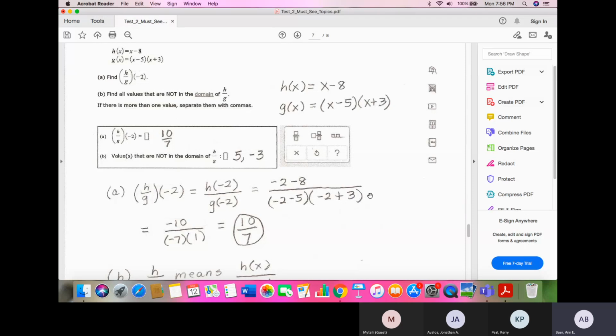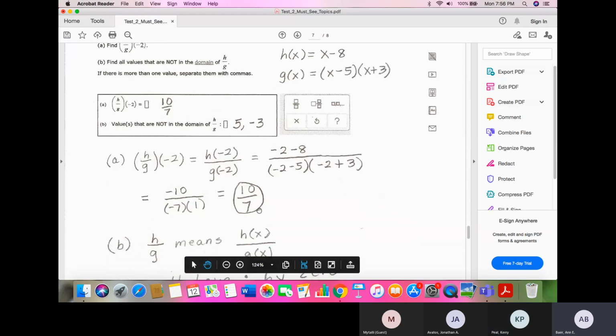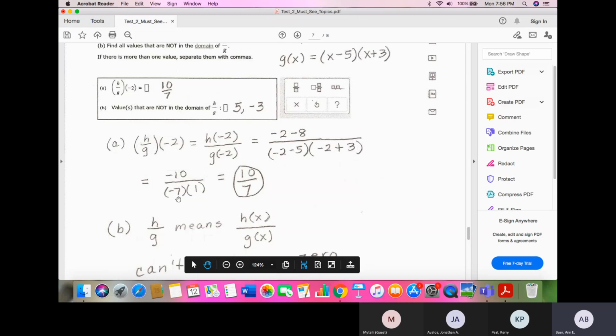And we just need to clean that up. -2 minus 8 is -10 in the numerator. -2 minus 5 is -7. Times -2 plus 3 is 1. First of all, negative over negative, two negatives make a positive. This is positive, 10 over 7. I always like to find my signs first so that I don't forget. So part A, the answer is 10 over 7.